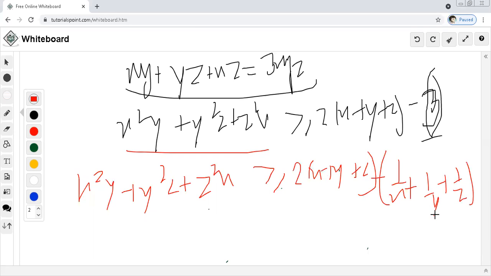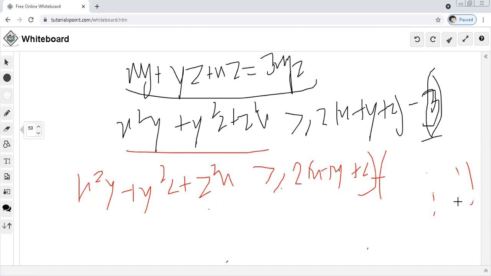You just needed to replace this 1 by x plus 1 by z plus 1 by y by 3 as it is given here in another form. That was the trick. So replace it, and we'll get there, minus 3, hence proved.